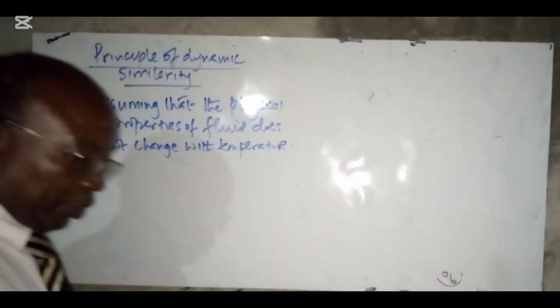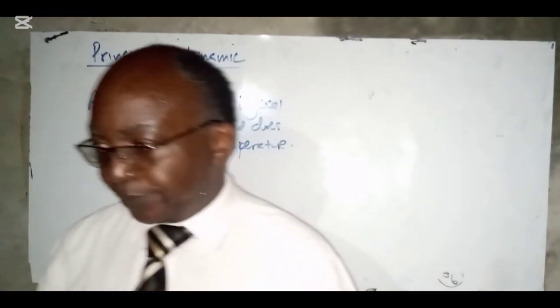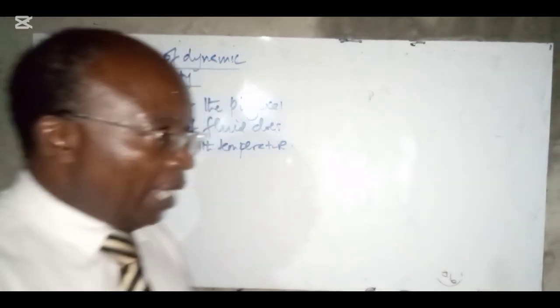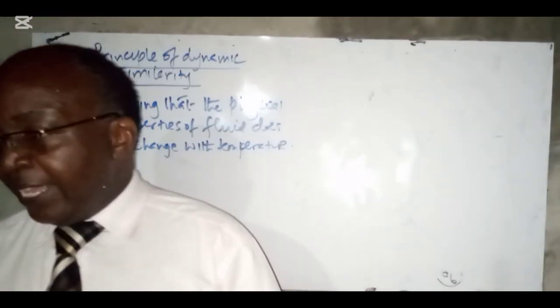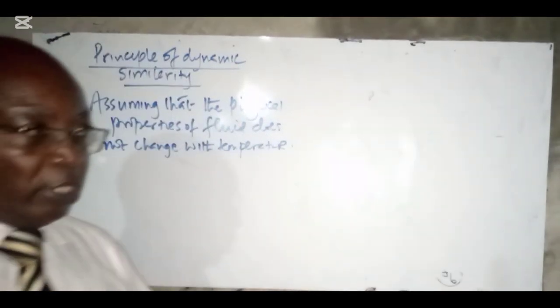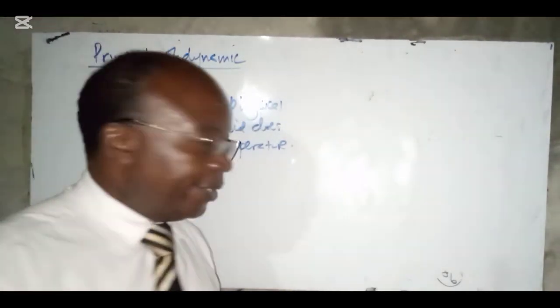Now, what are we talking about? First of all, suppose we have a boundary confining some solid body. Let us say that solid body is cylindrical, and of course there is fluid flowing around it.